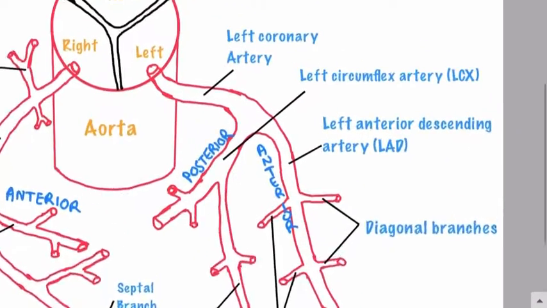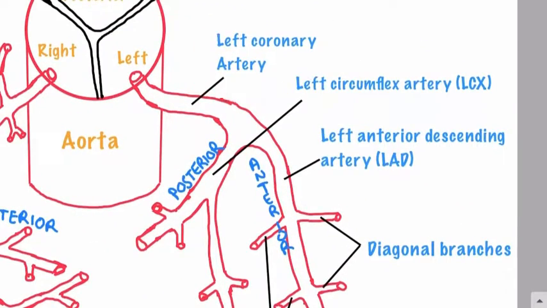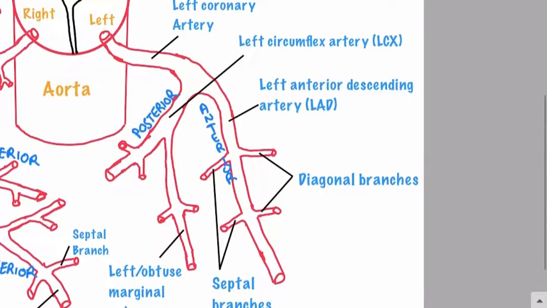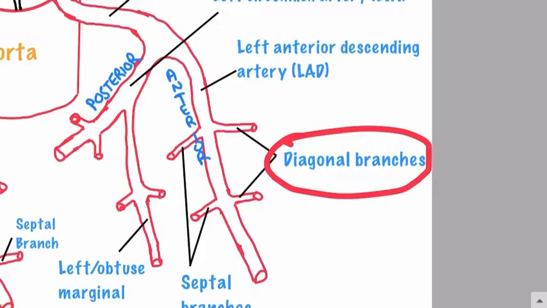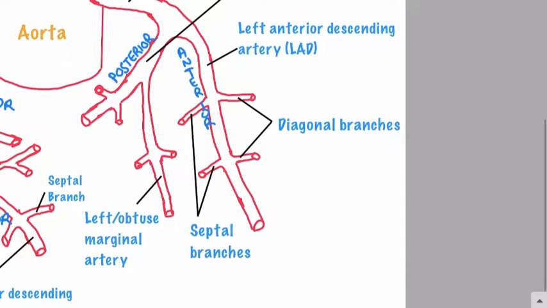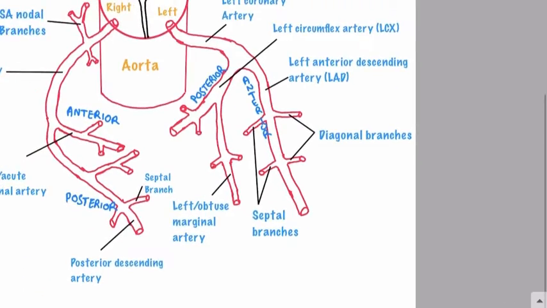Then there's the left coronary artery, which gives a branch known as the LAD, or left anterior descending artery, anteriorly. The LAD has diagonal branches which supply the anterior wall of the left ventricle, and septal branches which supply the interventricular septum.